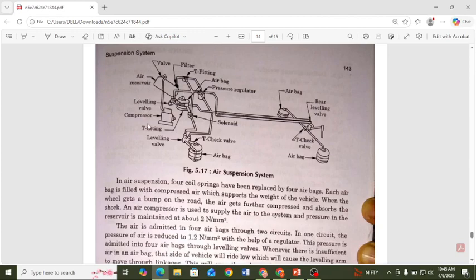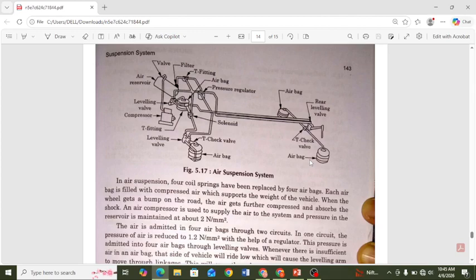This air reservoir has the compressor-generated air passing through this T fitting, and this T fitting has some airbags. These airbags are connected to the four points, the rear axle and the front axle. The rear axle has two airbags, and the front axle has two smaller airbags, and these airbags are actuated with the solenoid.